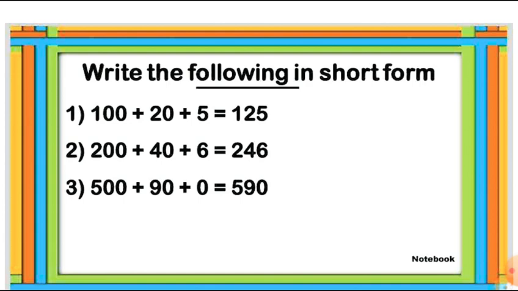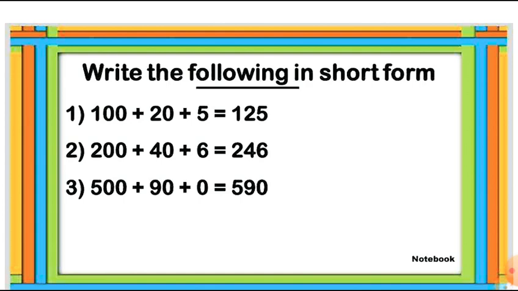It is 2. So write 2 just after 1. Then plus 5, the ones place digit is 5. So you write 5 just after 2. So we got the number 125. So 100 plus 20 plus 5 is equal to 125. That is the short form.